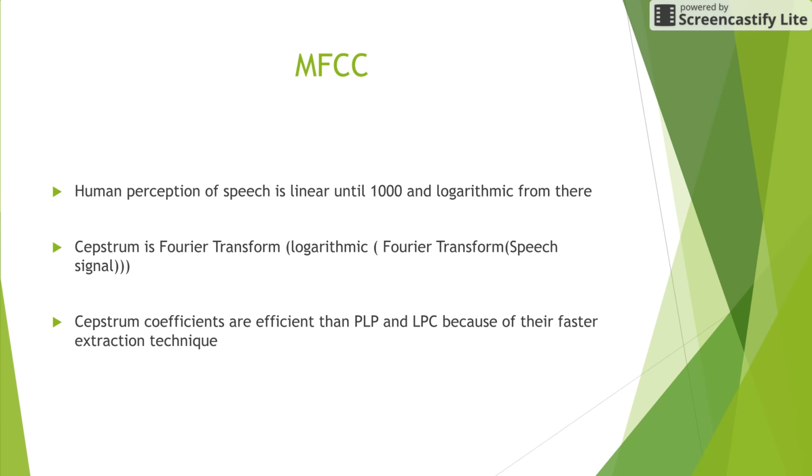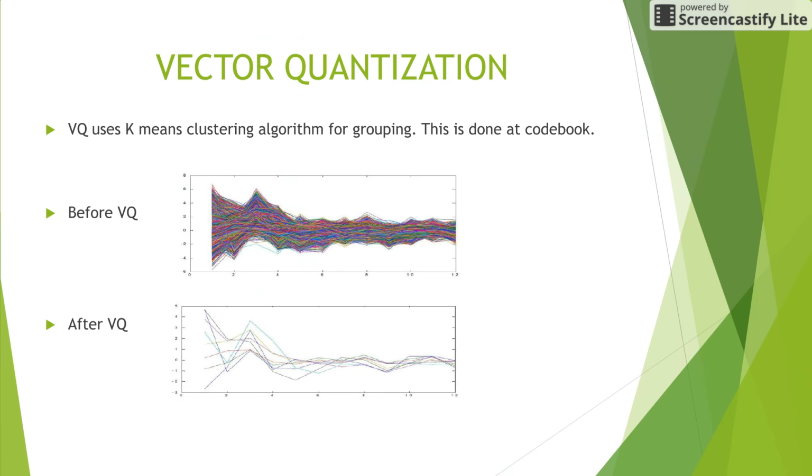This is why we take a Fourier transform of the cepstrum and then use these cepstrum coefficients to extract our data and reconstruct the speech and then map it to the user who used it. So this is why cepstrum coefficients are more efficient than PLP and LPC, because of their faster extraction technique. Now, moving on to vector quantization, we know that vector quantization is a clustering algorithm.